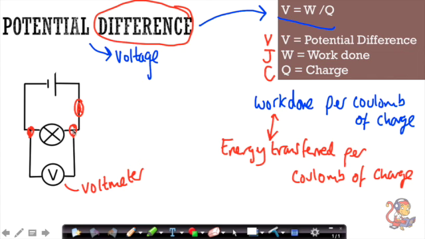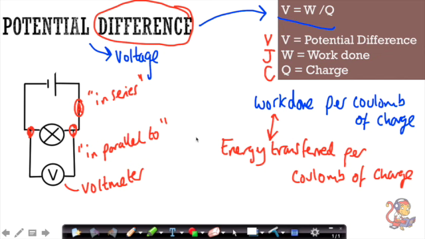So how much energy is transferred across this lamp by the charge that's flowing through it, essentially. So that's why you have to connect a voltmeter in parallel to the component, whereas an ammeter you put in series with the component in the same loop.